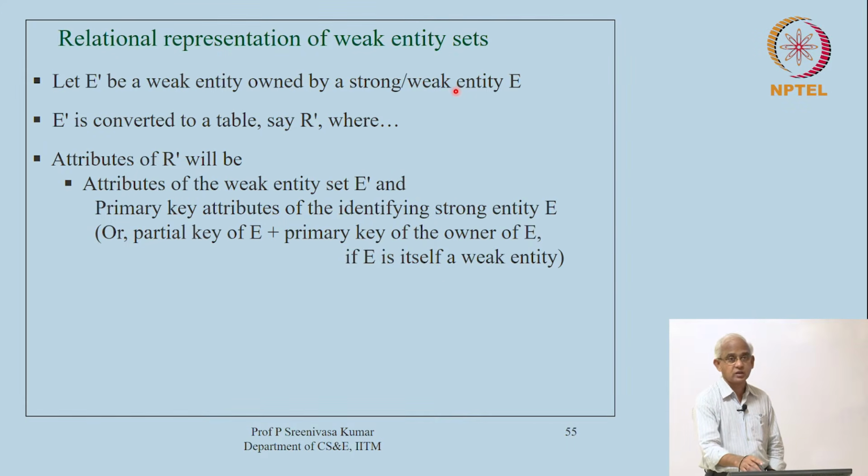Now, let us look at this case. Suppose the owner itself is a weak entity, in which case the partial key of that entity plus the primary key of the owner of that would be the attributes that we will include. Of course, this chain will go on because it has to end with some strong entity.